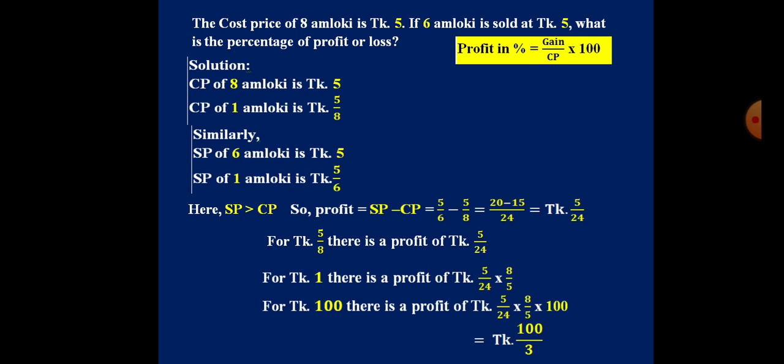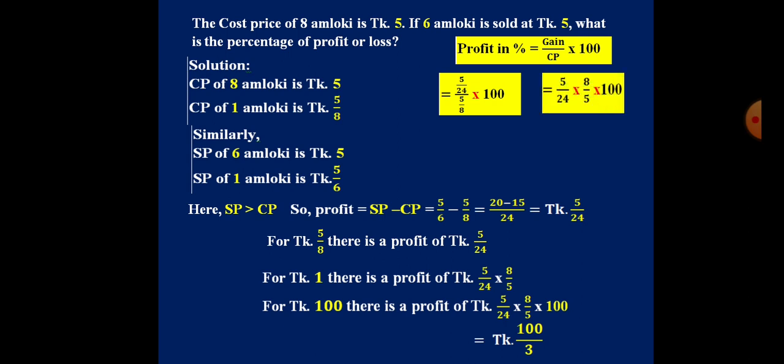So in that case, the gain is 5 over 24 and the cost price is 5 over 8. So we will divide 5 over 24 by the cost price, that means 5 over 8. So 5 over 24 divided by 5 over 8 times 100 means 5 over 24 times 8 over 5 times 100, then that means 100 over 3 or 33 and 1/3.